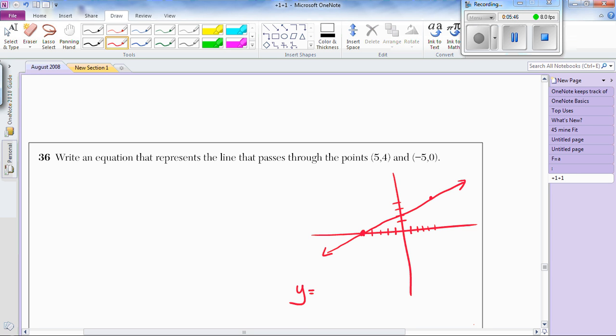It goes up 4 and over 10. So 4 over 10 can be reduced to 2/5 x, and it looks like plus 2. If I had graph paper and a straight edge, I could clearly do that on graph paper. If you do this on graph paper, you have to make sure that you note that you did it on graph paper. Let's do it the right way.